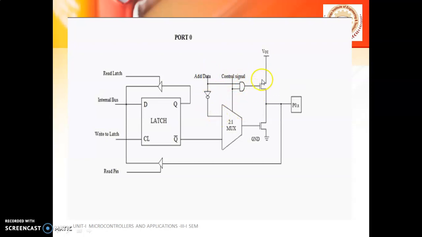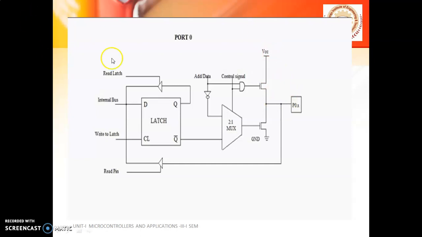These two are called field effect transistors here. This is one FET and this is the other FET. A FET is going to act like a switch here. Whenever a high input is given to this transistor, it acts like a closed switch and allows the data to pass through. Whenever a low input is given to this switch, it acts like an open switch. That means it doesn't allow any data to pass through. So in order to make the data pass through, this should be given a high input.